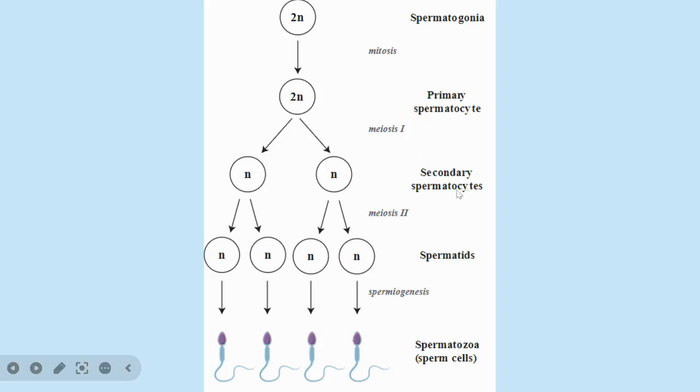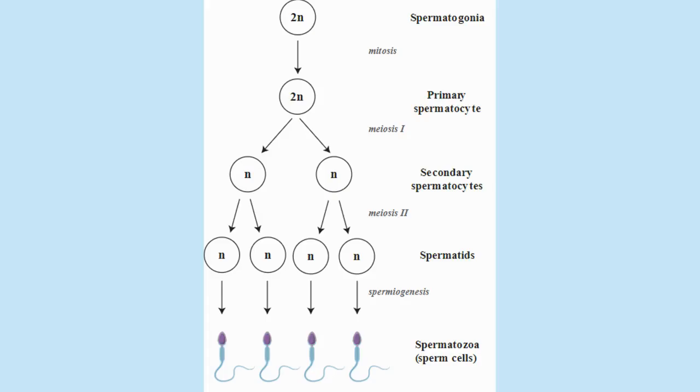After the secondary spermatocytes or the third stage of the spermatogenesis, the secondary spermatocytes now undergoes the meiosis II or the meiotic division 2 and produces four spermatids. The spermatids now undergoes spermiogenesis. Dito po kasi sa spermatids natin, it is still immature sperm cells. But right after undergoing spermiogenesis, it produces now spermatozoa or the sperm cells or the mature sperm cells.